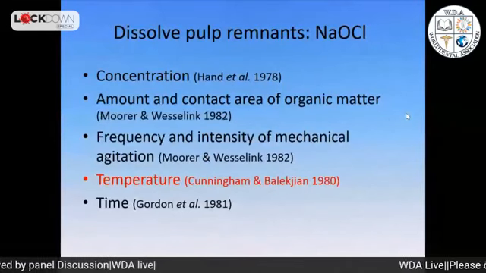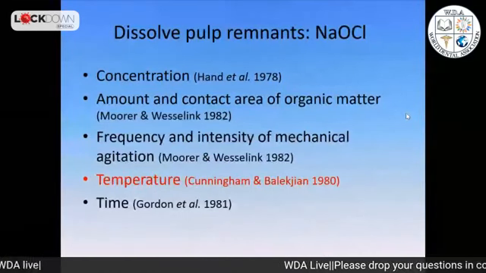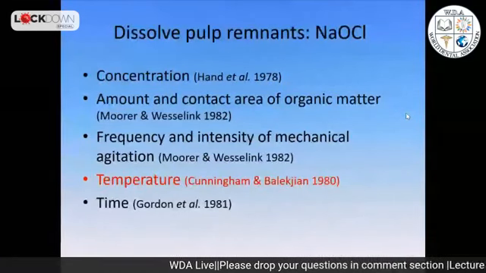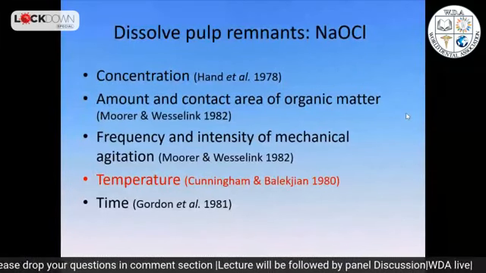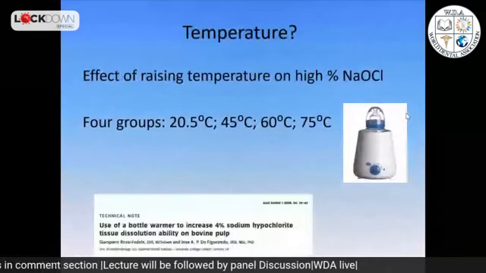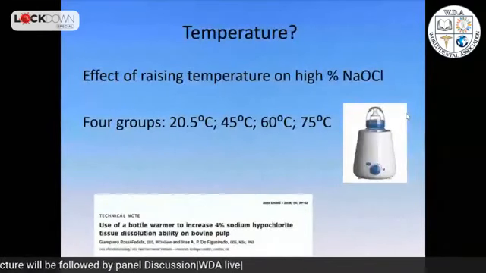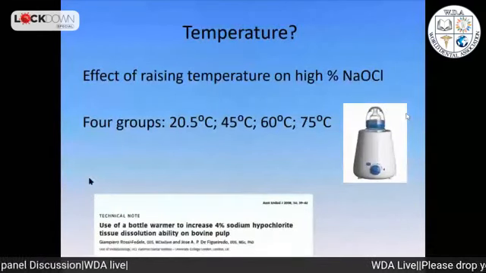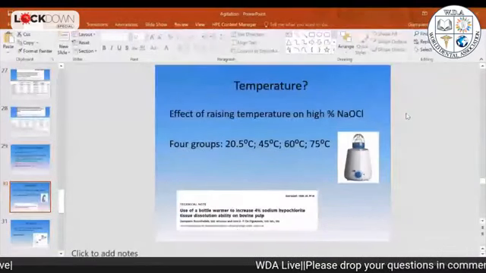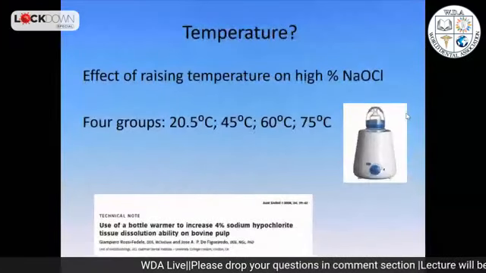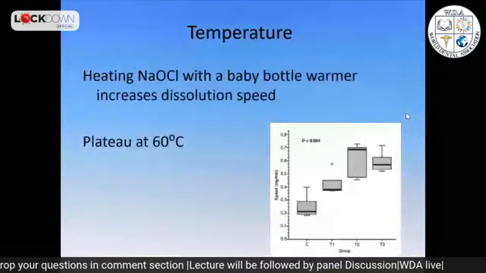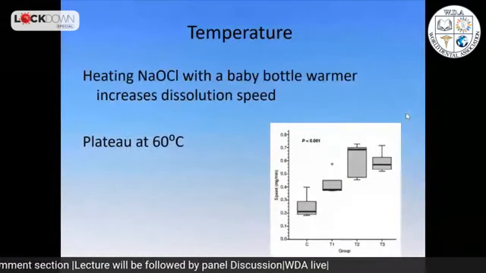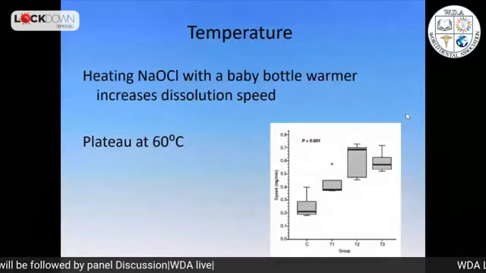Now, in the past, we have done studies dealing with temperature. We noticed that putting sodium hypochlorite in heat increases the dissolution, and this seems to be a good idea. But then what have we noticed?